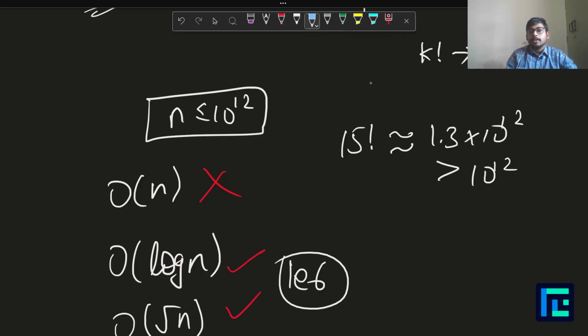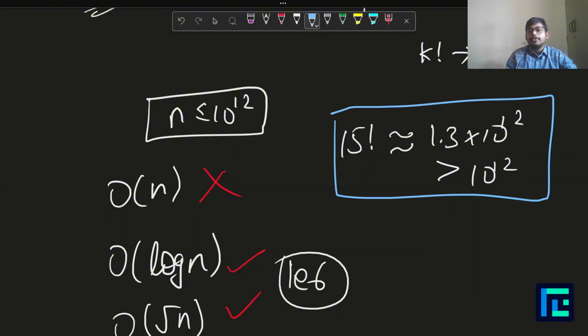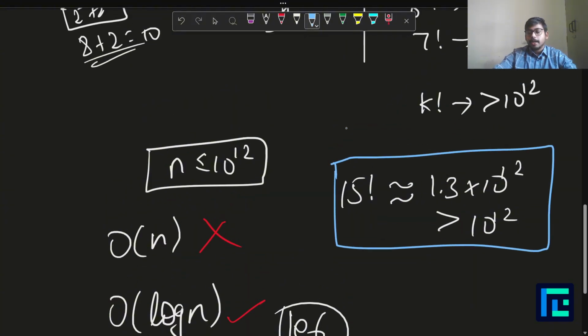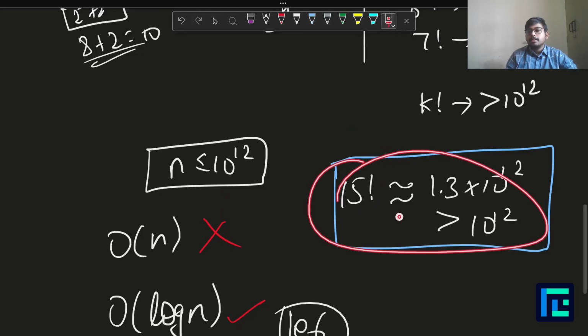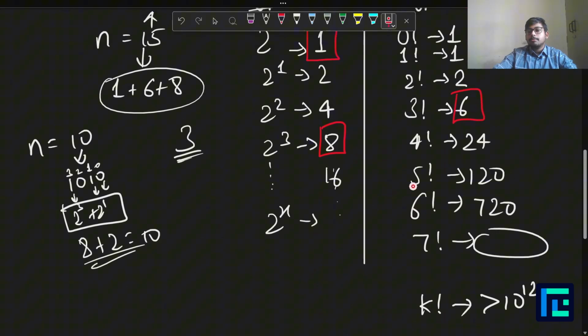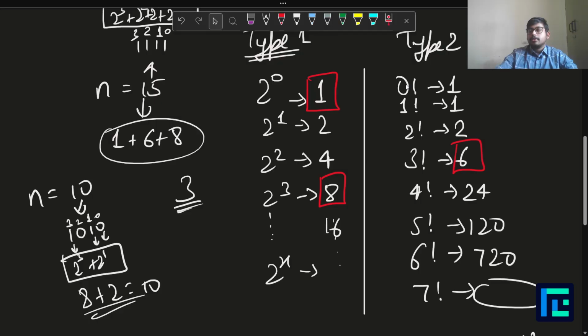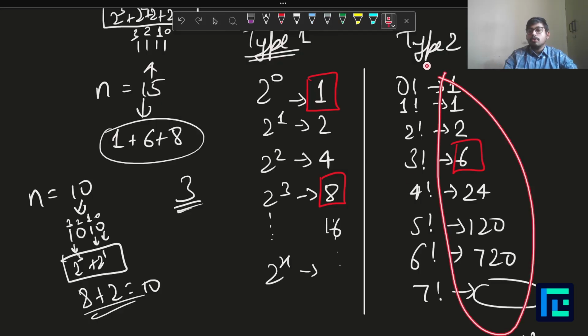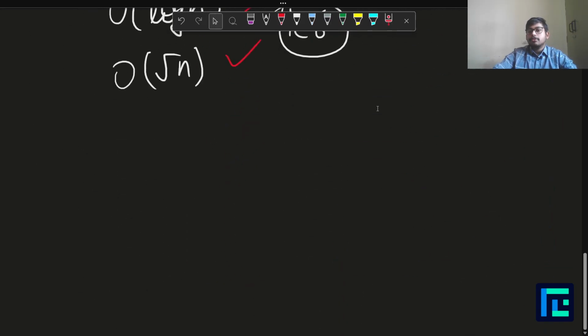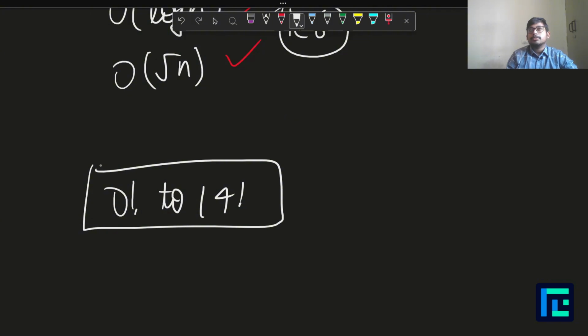So if you are using 15 factorial, your range would exceed. That means the only possible numbers that we can use in this type 2 are from 0 factorial to 14 factorial.